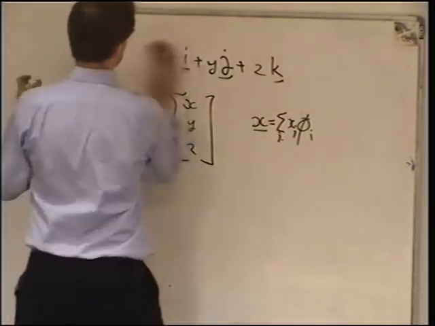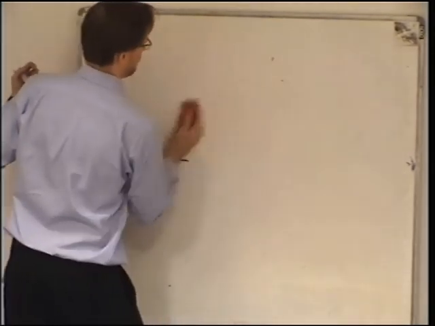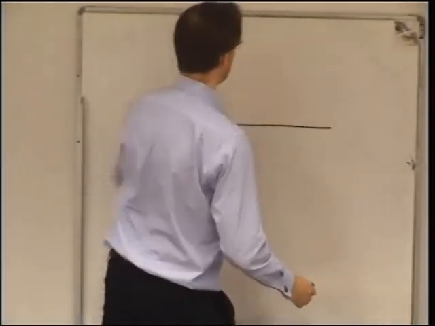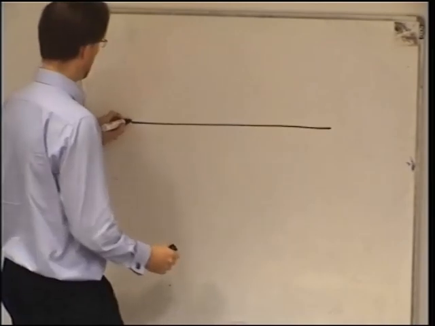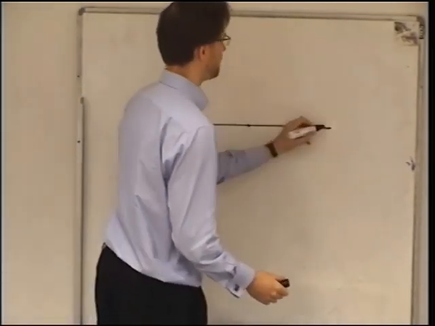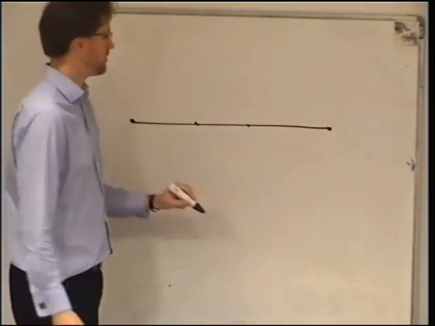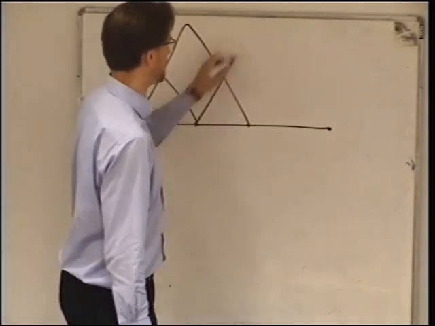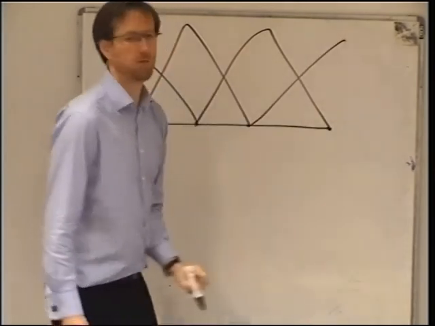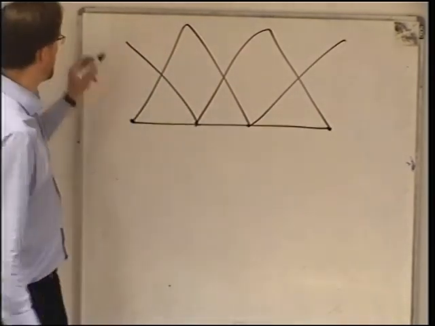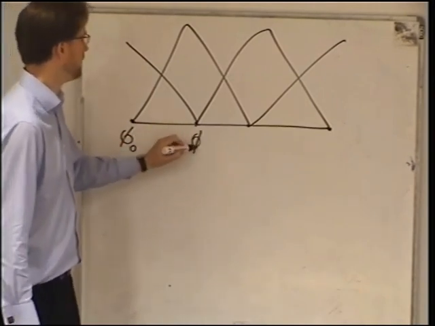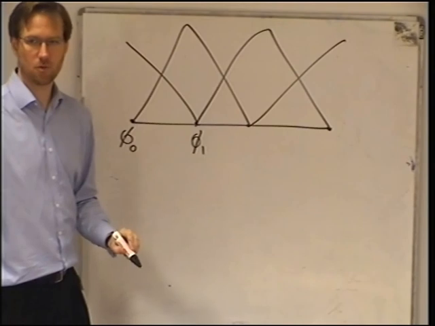So if I leap ahead a bit and I scroll up on the board, the usual basis for one-dimensional piecewise linear functions, so if I only have 4 degrees of freedom, and I want piecewise linear functions, the basis looks like this. There's the first basis function, there's the second basis function, there's the third one, and there's the fourth one. And I now ask, okay, so are phi 0 and phi 1 orthogonal?